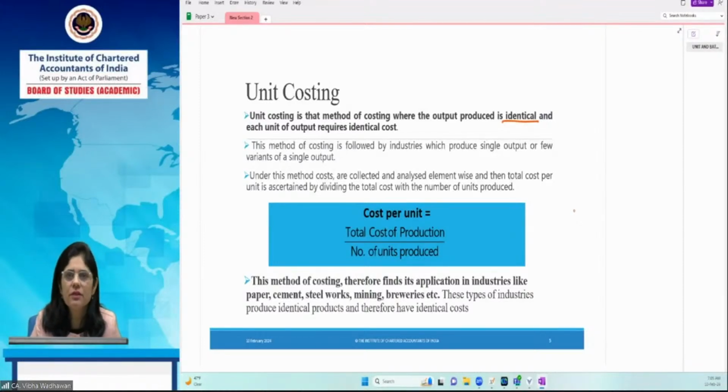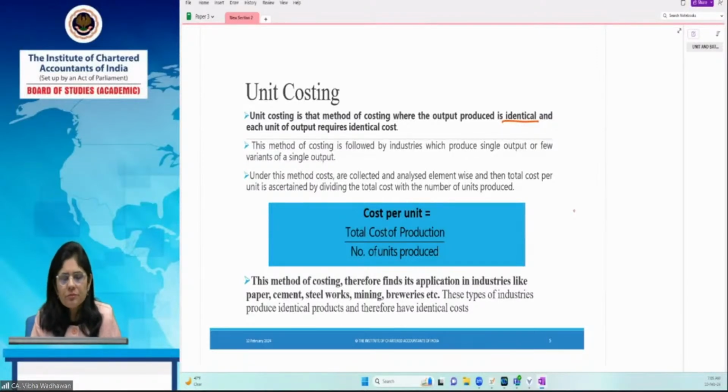That is unit costing. It will be denoted by 1 unit. So cost per unit will represent all the units of every lot. Whatever lot you produce, every unit in every lot will be the same, and the cost will be the same. So we can just have cost per unit. That 1 unit of cost is similar and the same for all the other units.